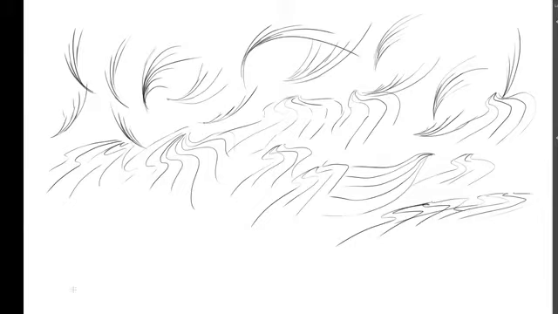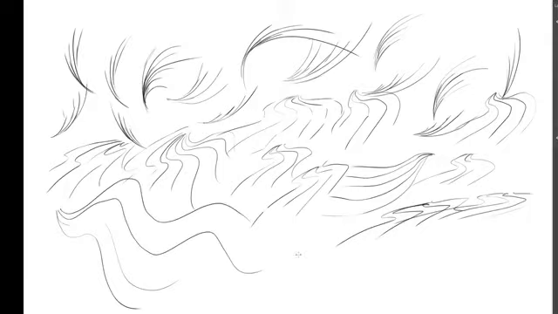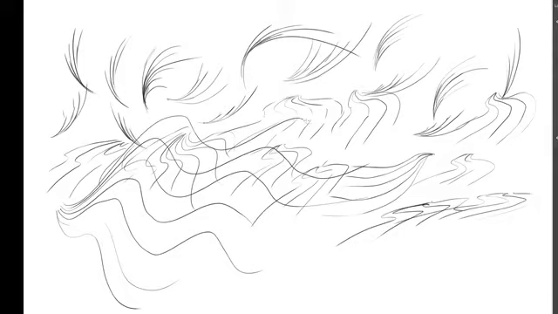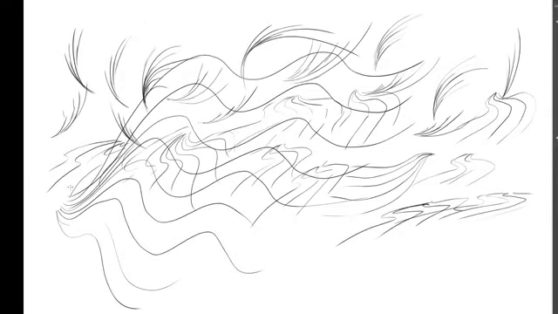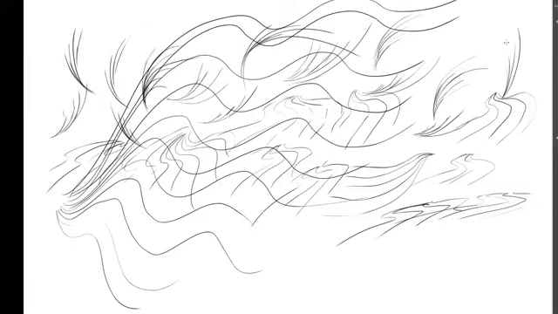Okay, and now we'll go into triple curves. Oopsies, I didn't do a triple curve yet. That's my first triple curve. And you're really looking for the feeling of your hand flowing.